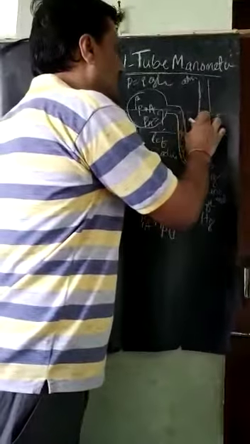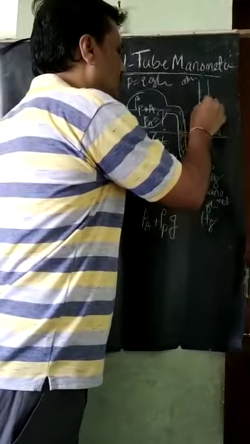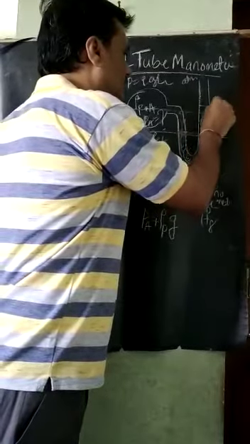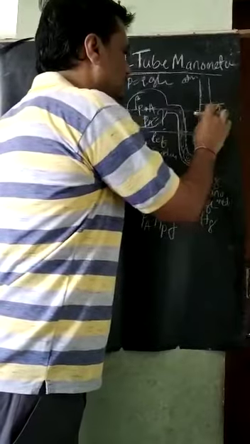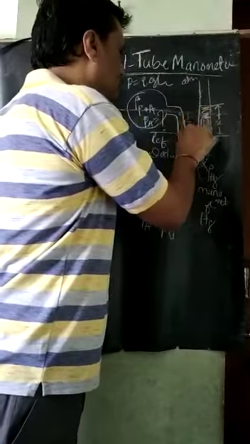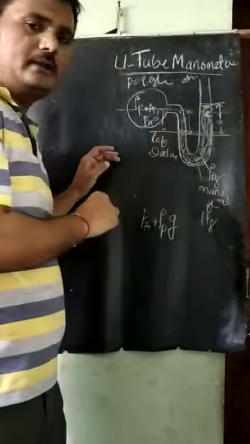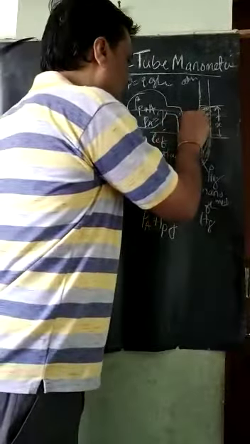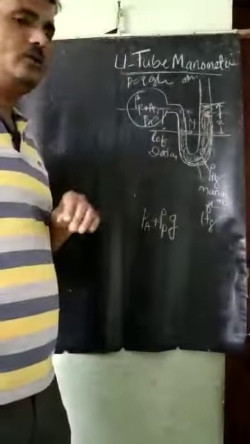For example, I will take this point somewhere here because it is more convenient. This is X, up to this level. So this height is required, and I will call it Y. Y is the height here.